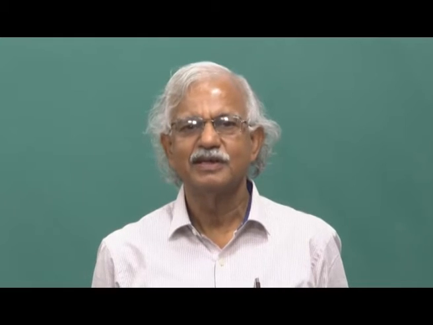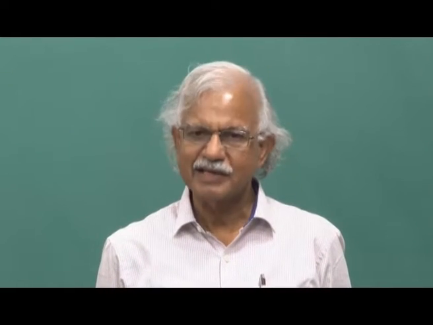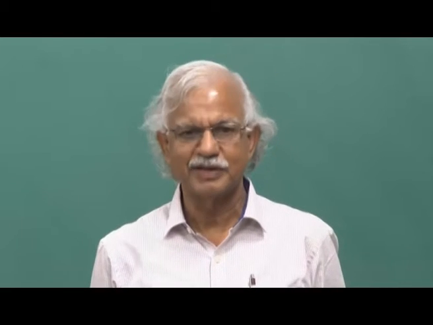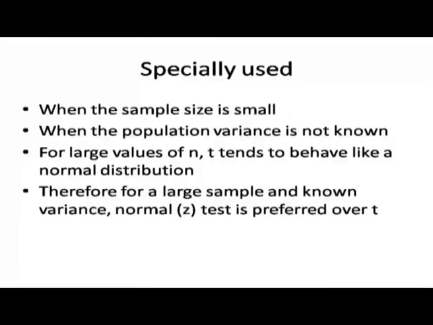But if the variance of the population is not known and that is itself estimated from the sample data, then you will apply t test. For large sample and known variance, normal Z test is preferred over t, although it does not make much difference whether you go for Z or for t.